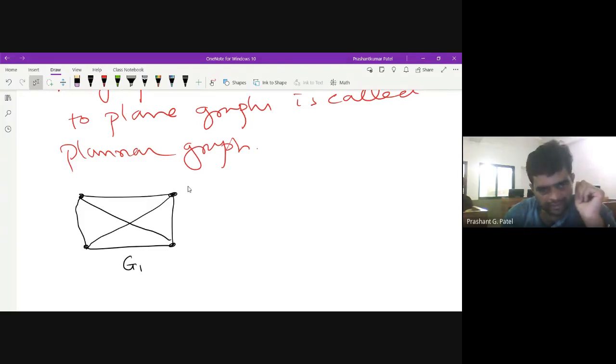This edge and this edge meet here. But what I have told you in the definition of the plane graph is that edges meet at their end vertices, otherwise they will not meet. So this graph G1 is not a plane graph because its edges meet here, but this is not a vertex.